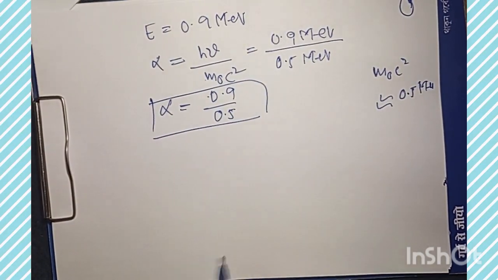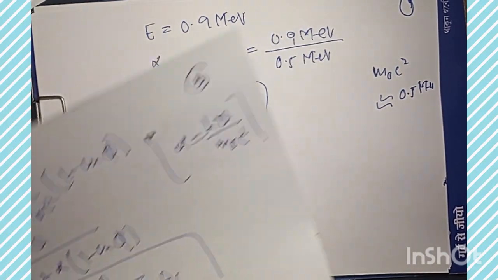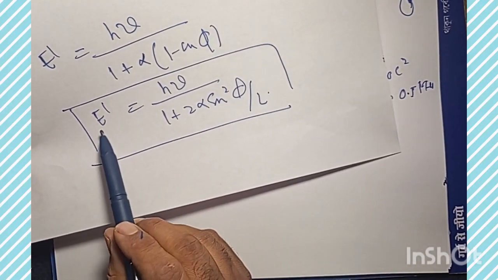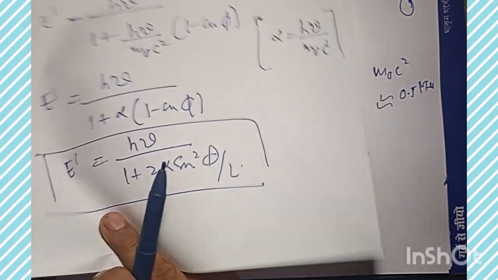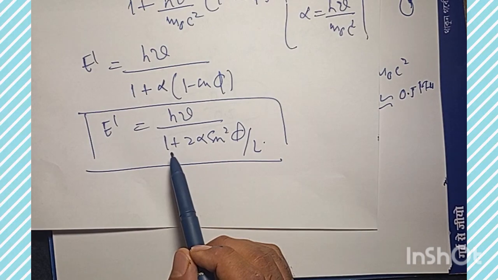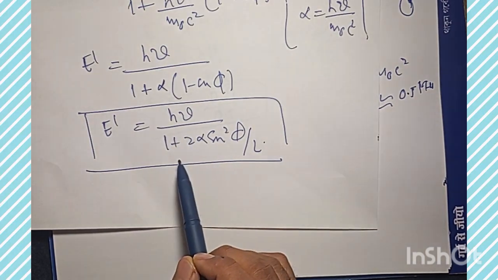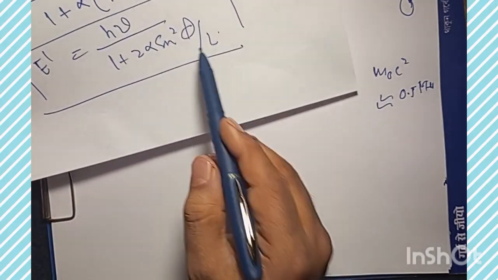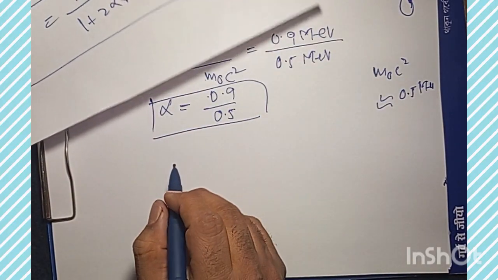Now we have the formula for the energy of the scattered photon: E dash is equal to h nu by 1 plus 2 alpha sine square phi by 2. But we have to evaluate sine phi by 2.